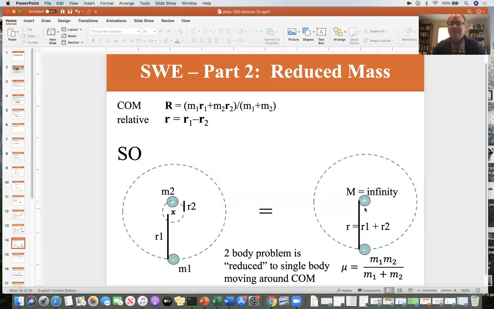And we've made this problem equal to this problem, where both objects are still separated by R1 plus R2, but now the central object acts as if it's infinitely big and doesn't move at all. And this outer object has a reduced mass. We call it a reduced mass because the two-body problem over here, two objects moving together, has been reduced to a one-body problem where the central object doesn't move and we only have to worry about the motion of the outer body around the center of mass. And there is our factor of mu.